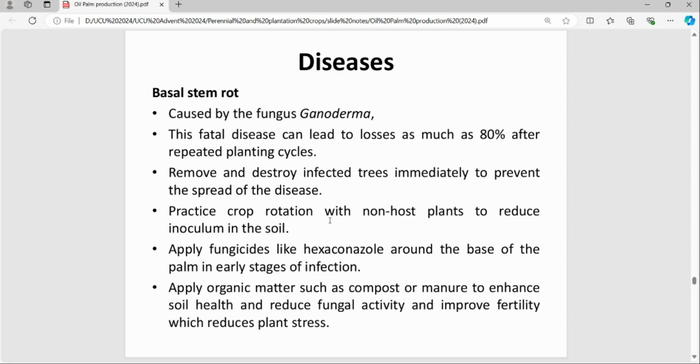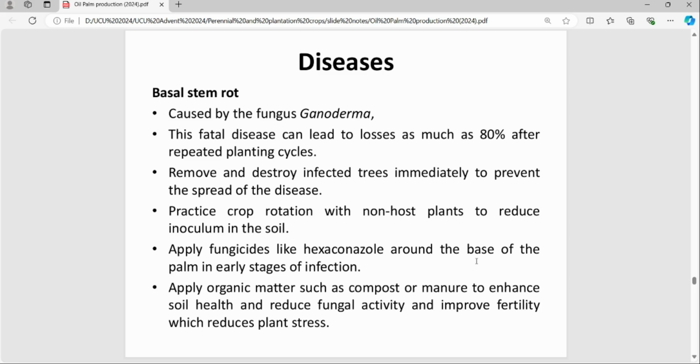You should practice crop rotation with non-host plants to reduce inoculum in the soil. You should apply fungicides around the base of the palm tree in the early stages of infection. So monitoring is very important so that you can detect the infection when it's not too late.